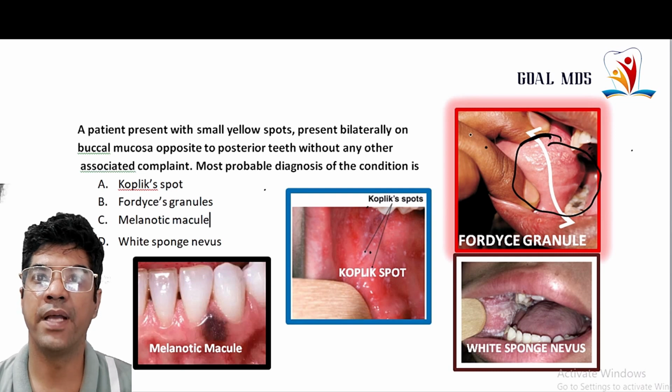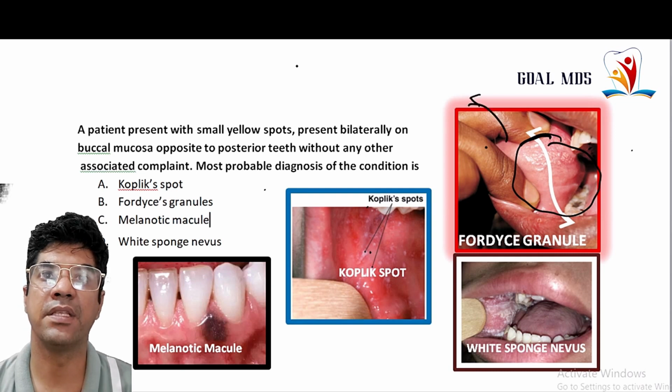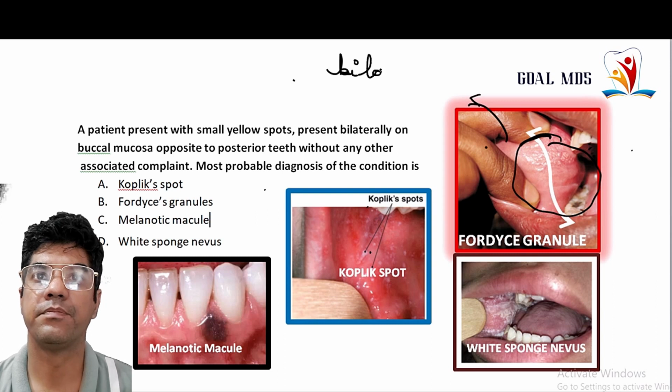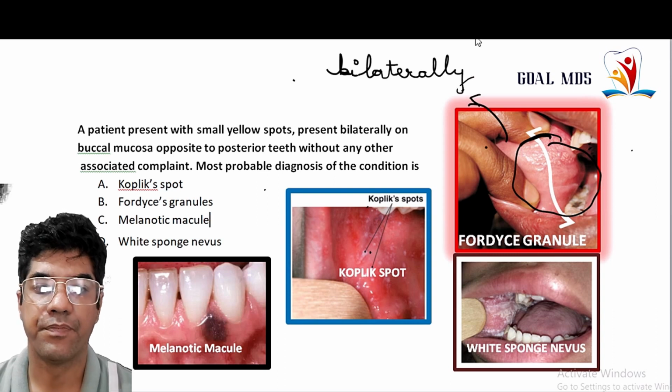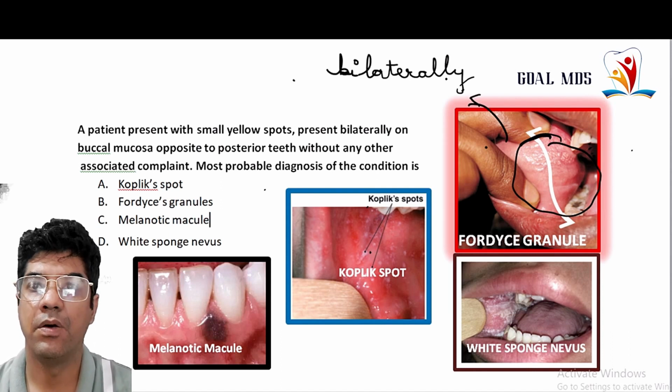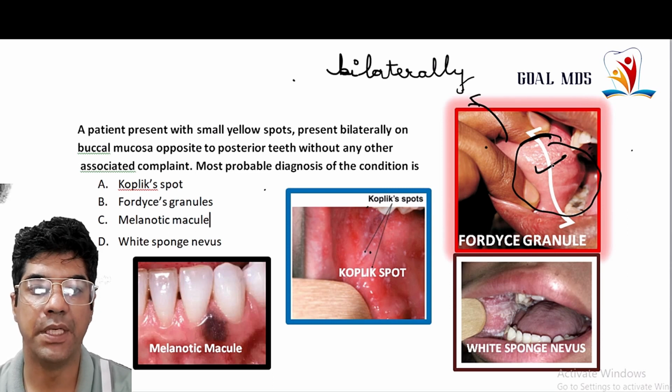Those Fordyce granules are present bilaterally on the buccal mucosa opposite to the posterior teeth.